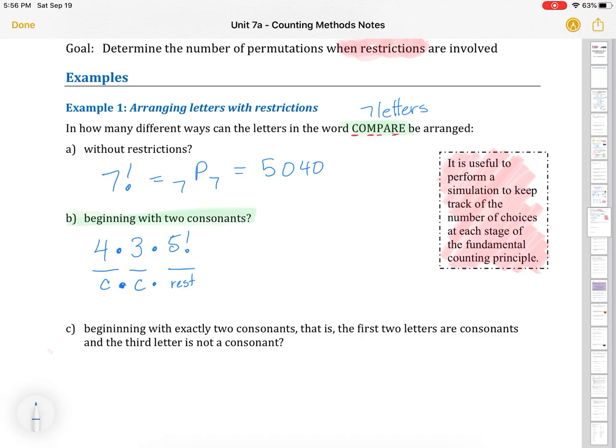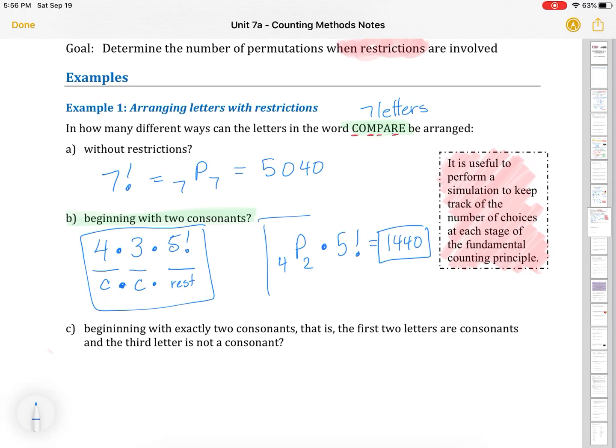In permutation notation, for the first 2 choices, it is 4 pick 2, our 4 consonants and we pick 2 of them, times our 5 factorial for the rest. If you multiply those out, you get 1440 for your answer.